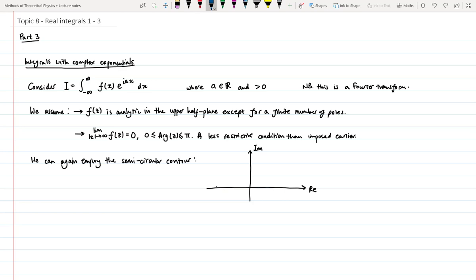We have this contribution here that sits on the real axis, but for convenience I've drawn it as slightly shifted up, just for clarity. But this blue line does indeed lie on the real axis. And then we have the semicircle. We're going to call this bit C1 and this bit C2.